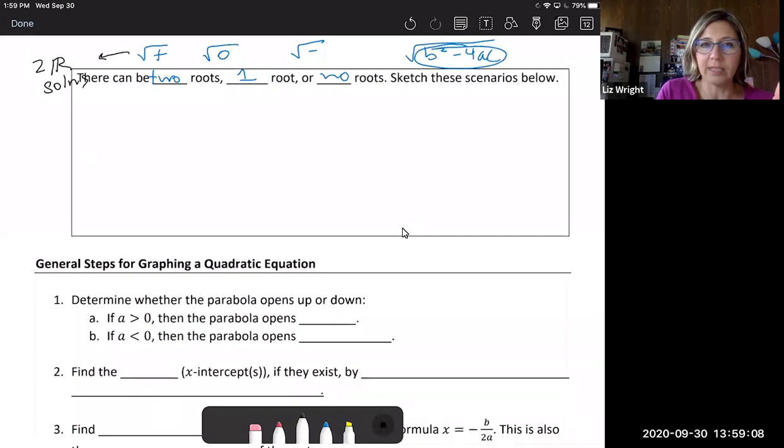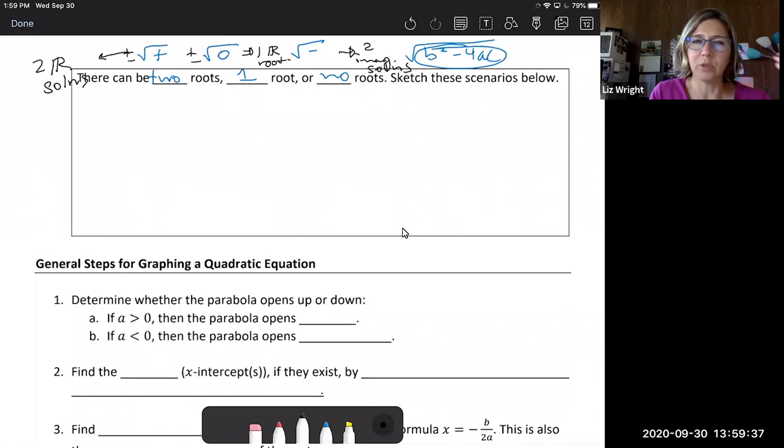And then when it's equal to 0, because remember, it would be plus or minus that number, plus or minus 0 is just going to be the same answer. So this is where we get 1 root, and it was 1 real root, or 1 real solution is actually what we were calling it then. So 1 real solution.